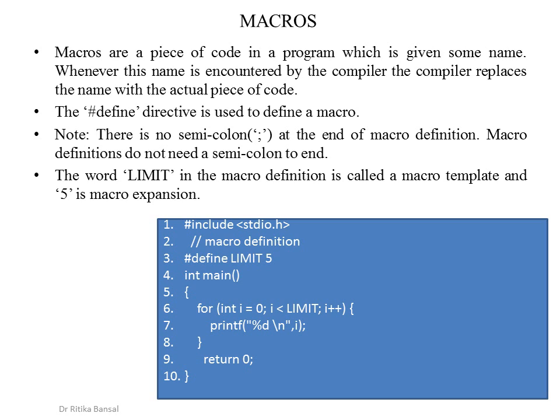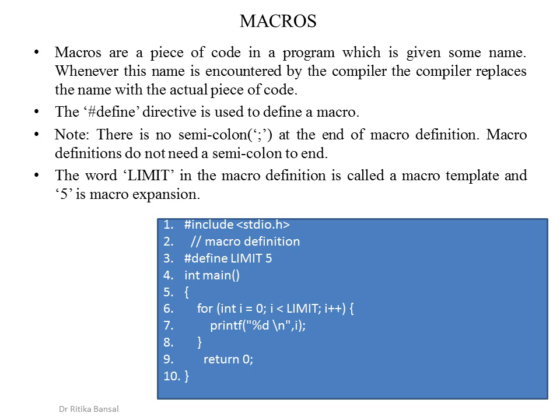This is a macro, limit is the macro, and the value of the macro is 5. Hash define limit 5.